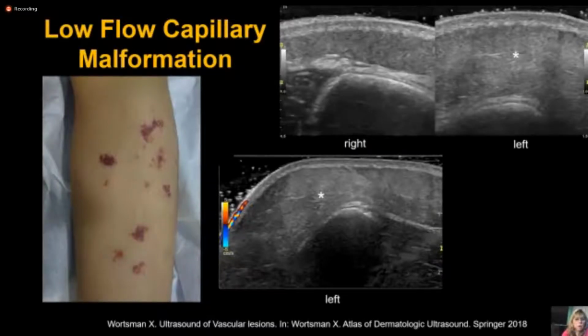And then you have the low flow capillary malformation that normally doesn't show too much. In this case, you can see a hyperechogenicity of the subcutaneous tissue, but that's it, in both segments in comparison with the normal region. But usually it doesn't show too much.